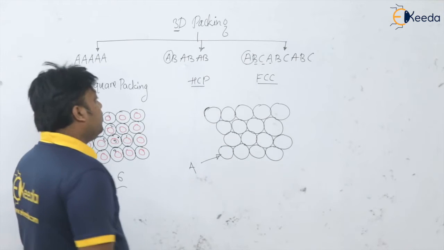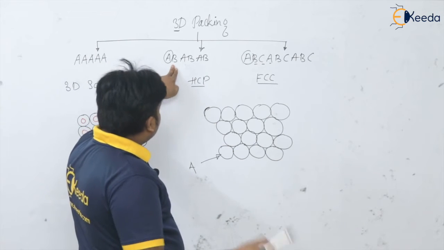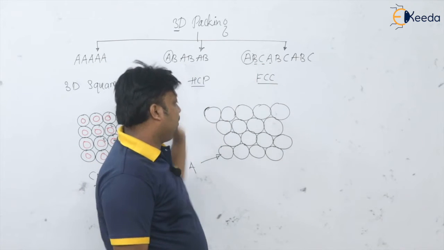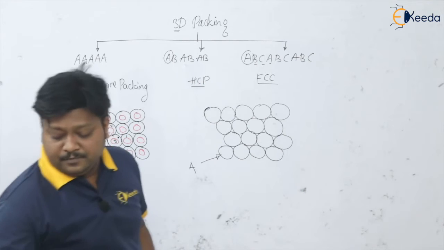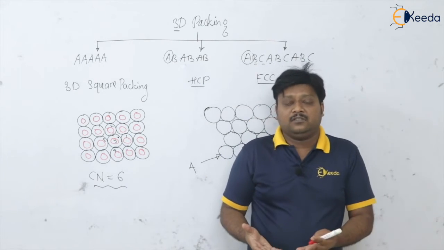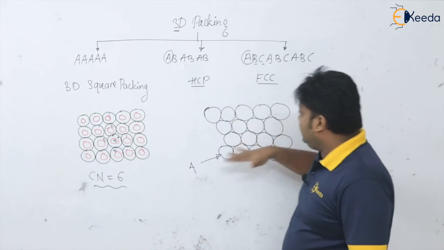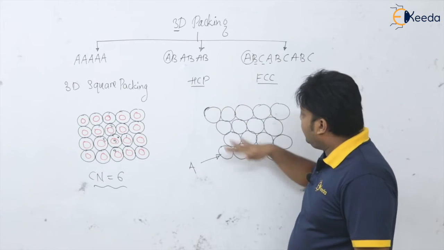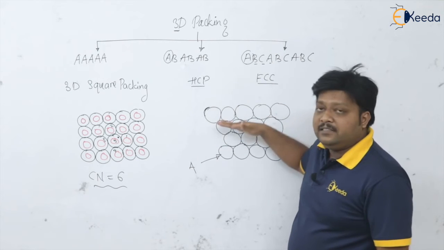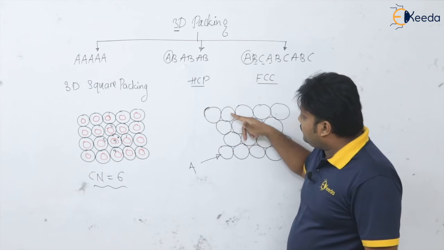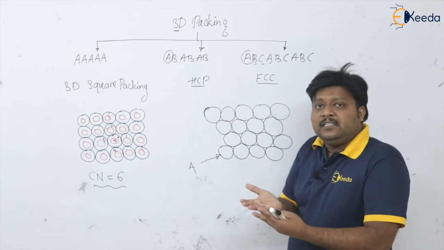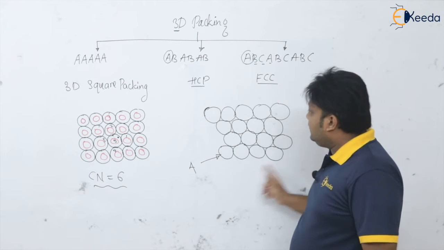So the A layer is done. Now we have to see layer B, and in FCC again there will be one layer C. Now see here, again let us consider that we are having the box. In that box we have arranged the layers of the atoms like this, and one by one we are stacking the layers. Now what happens if I take any layer somewhere in the middle of this arrangement?